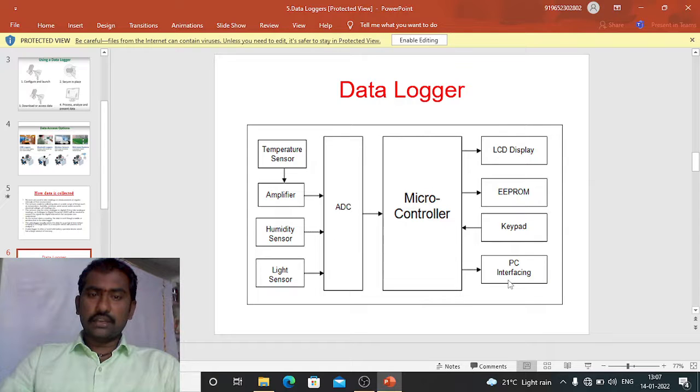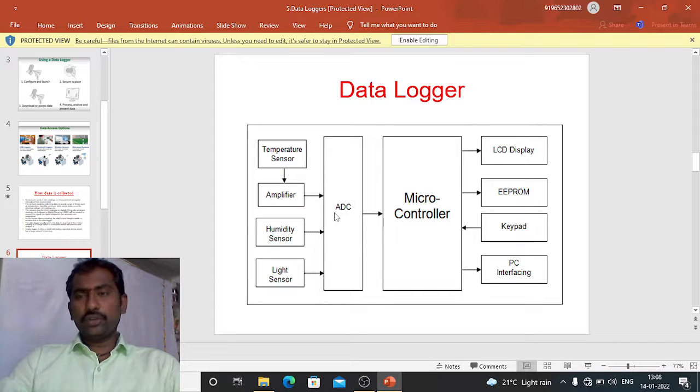Here we have different sensors: a humidity sensor, a light sensor, and a temperature sensor. These collect the data, and if needed, there will be an amplifier, and the data is sent to the ADC, the analog to digital converter.